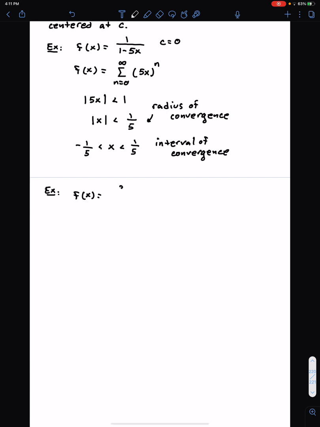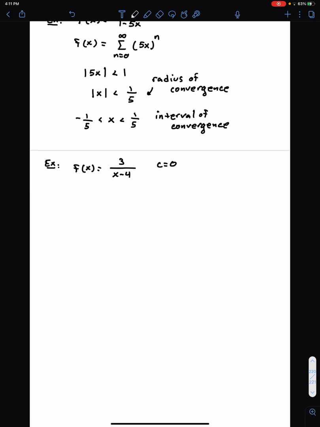F of x equals 3 divided by x minus 4 centered at 0. So I can rewrite this. My goal is to write it as a over 1 minus x, or 1 over 1 minus x. So 3 divided by negative 4 plus x.